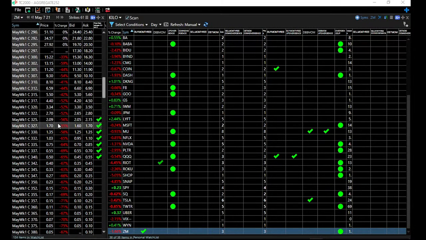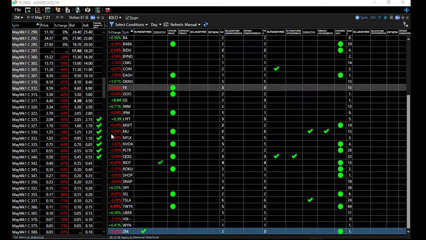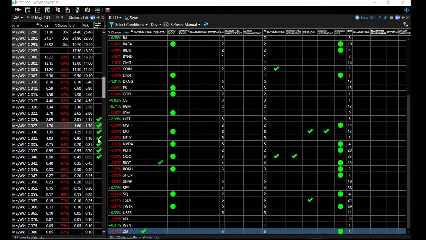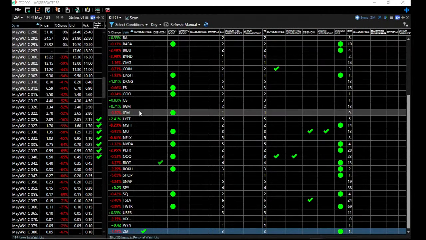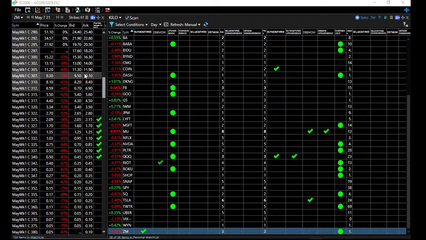You've seen me do Amazon trades at $400 per contract, but typically in most stocks, I'm in between the $100 and $200 range on an individual trade. So that's what these checks indicate. They pretty much indicate my price range.